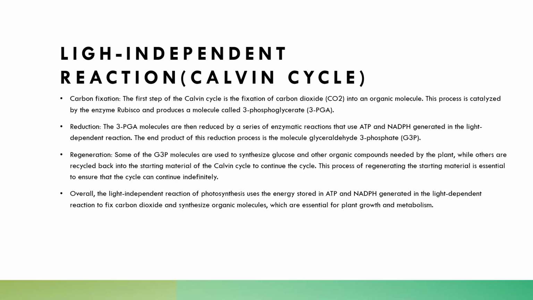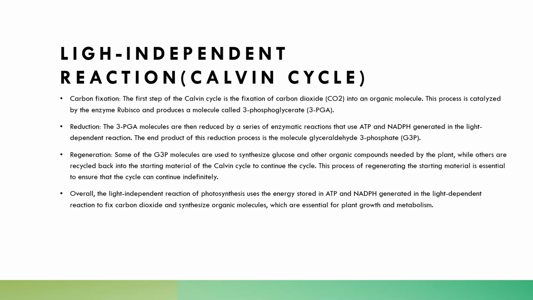Some of the G3P molecules are then used to synthesize glucose and other organic compounds needed by the plant, while others are recycled back into the starting material of the Calvin cycle to continue the cycle. Because it is referred to as a cycle, it does have to be able to continue on its own, and this is how it does it, by recycling this G3P.